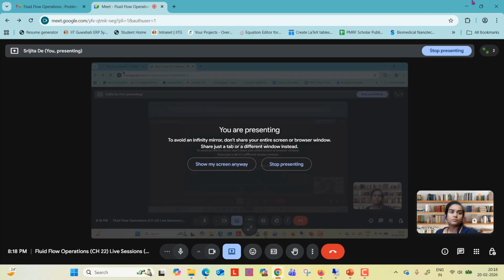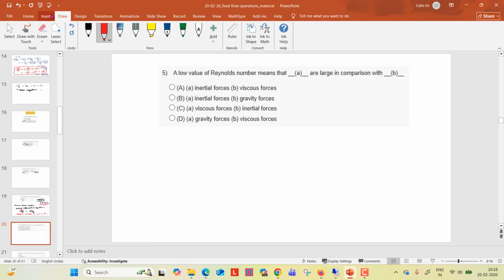So how is this Reynolds number coming? You have seen the expression of Navier-Stokes. Suppose we are only considering the x component. So what was the x component?